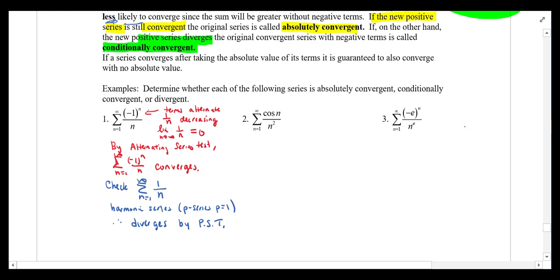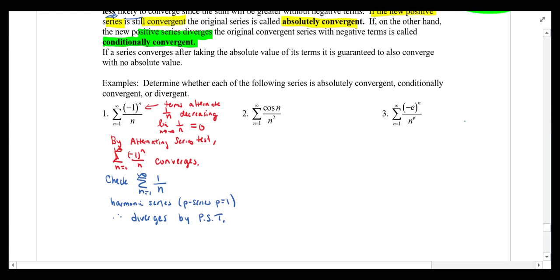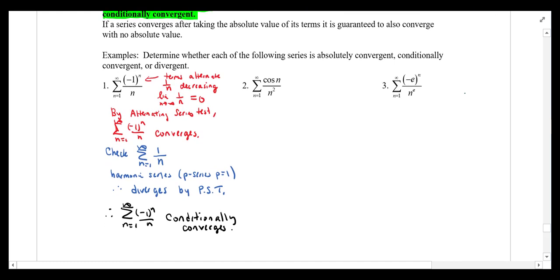And because when I take the absolute value with the positive terms, this new series now diverges, we can conclude that the sum of n equals 1 to infinity of negative 1 to the n over n doesn't just converge, but we'll say it is conditionally convergent.